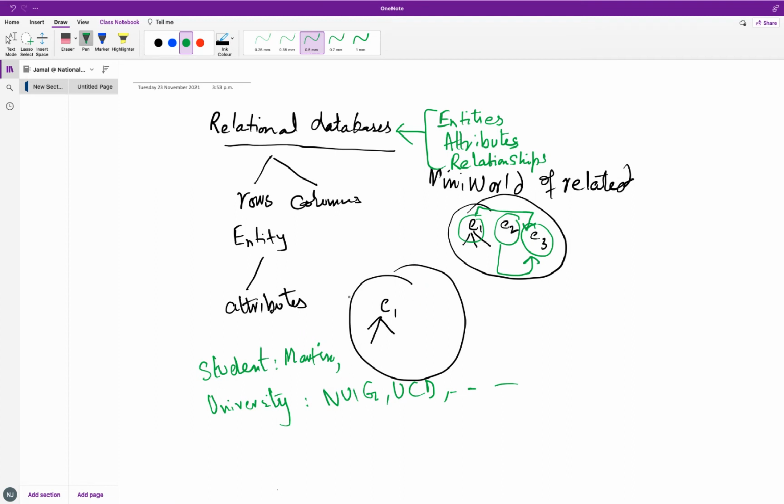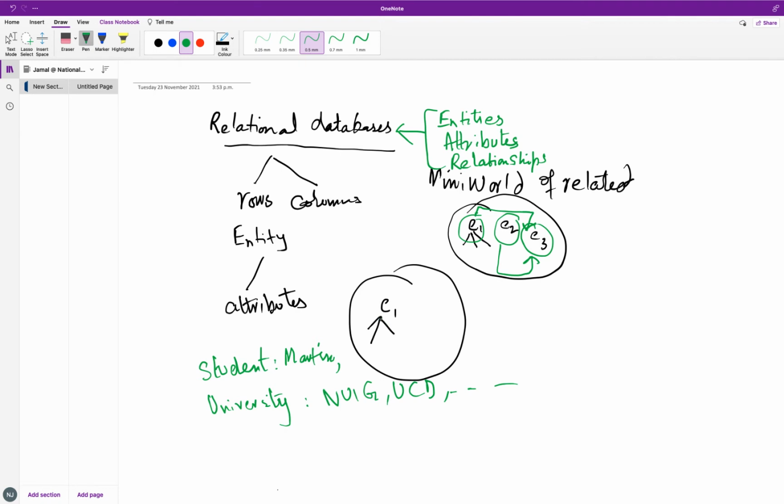And when we talk about instances, we also discuss primary key. An instance should be uniquely identified by some key, and that key in a relational database is known as a primary key. Okay, so a primary key is just a key that can uniquely identify you.